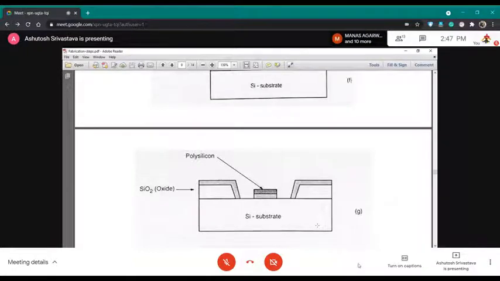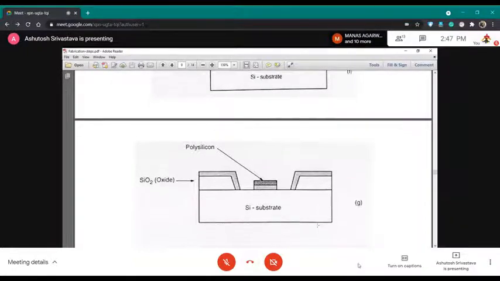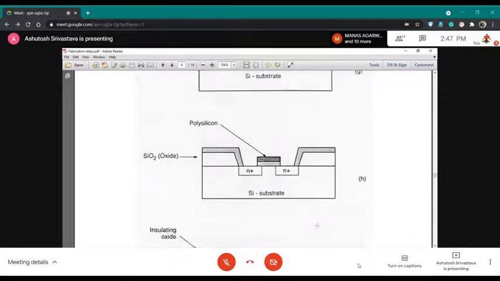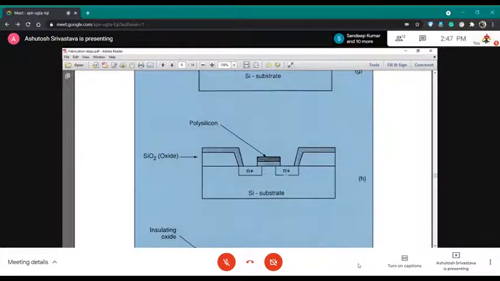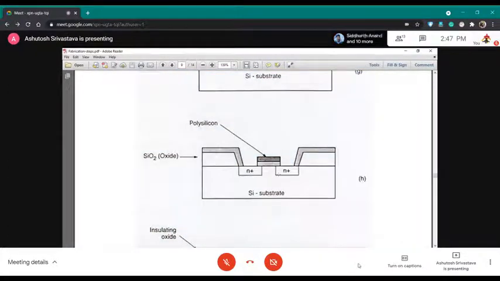Once you achieve this, then what you need to do? You need to get these source and drain. Remember, this silicon substrate would be a p-type substrate, because since this is n plus and n plus, this would form your source and drain.